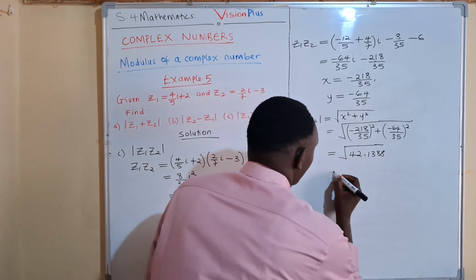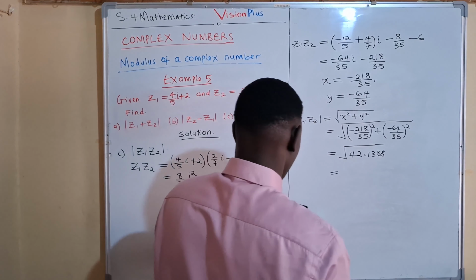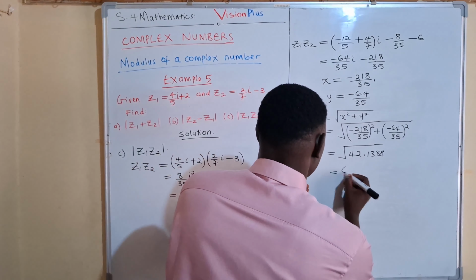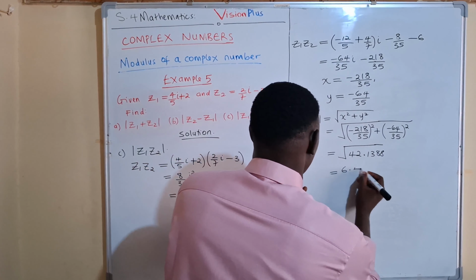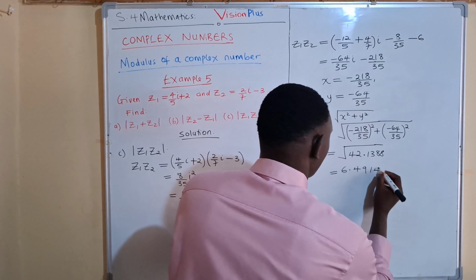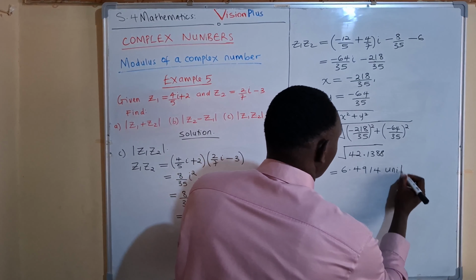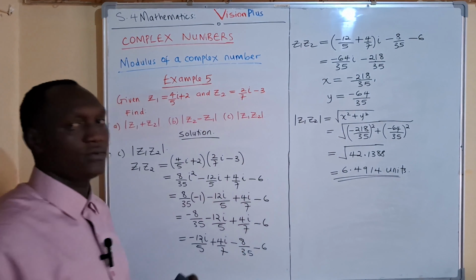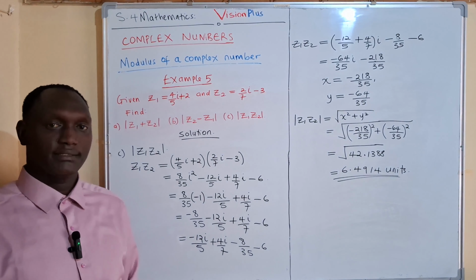And then you get the square root of 42.1388. I'm getting 6.4914 units. So this is the magnitude of the complex number Z1 times Z2.